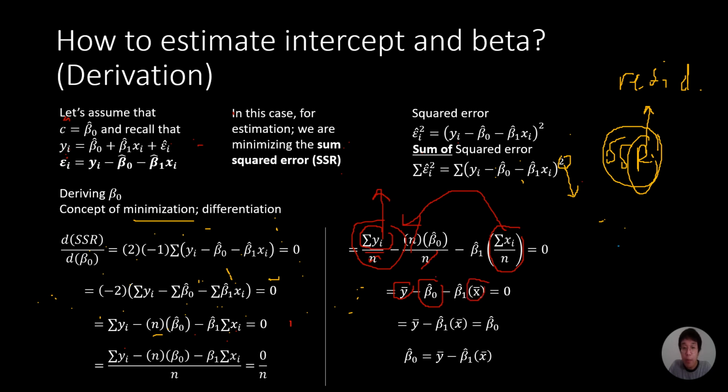And then if I move my beta naught to this side, I have this part perfectly expressing what beta naught hat is. So in this case, we get it here. Beta naught hat is actually y bar minus beta 1 hat times the x bar. Now the problem is that we know the value of y bar.